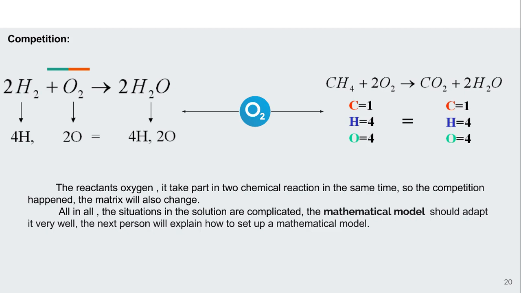So we can see that there are three situations. We can't just use a simple model to analyze it. If the model is incorrect, we cannot get a correct electric potential. So all in all, the situations in the solution are complicated, and the mathematical model should adapt to them very well.